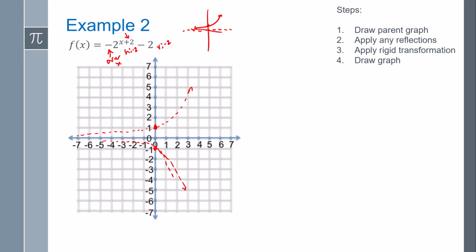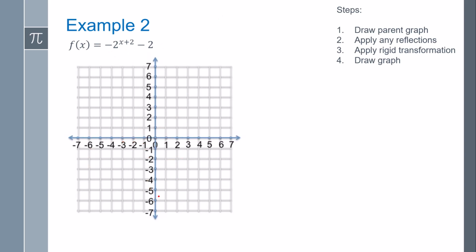Now from there, I can move it over minus 2 and down 2. Now your horizontal asymptote, which was here, is also going to move down 2 spaces. And so now I can draw in the shape of my graph. So I did the reflection before I did the other transformations.